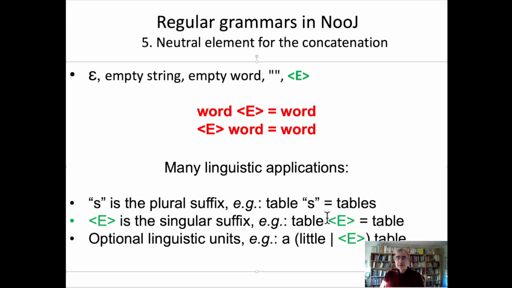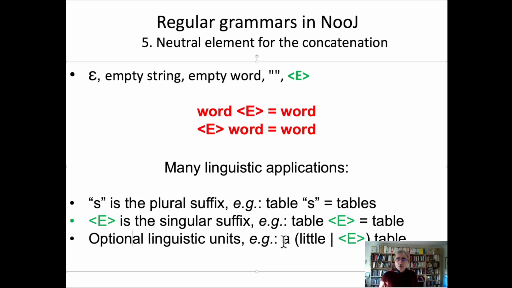So we would say that in English, epsilon, the empty word, is the suffix for singular. And we are going to see also that that's going to be very useful. Every time we want to say that a linguistic unit is optional, basically we're going to say that we want this linguistic unit or epsilon, the empty word.